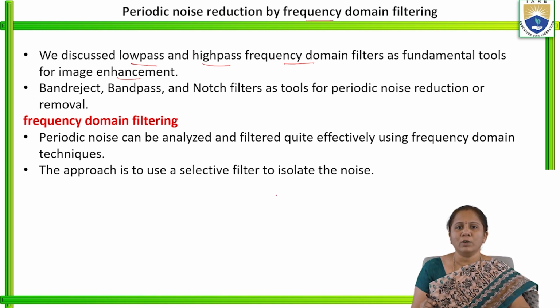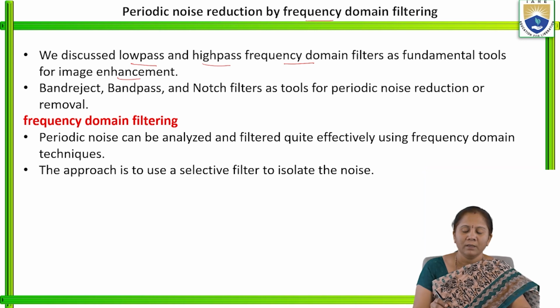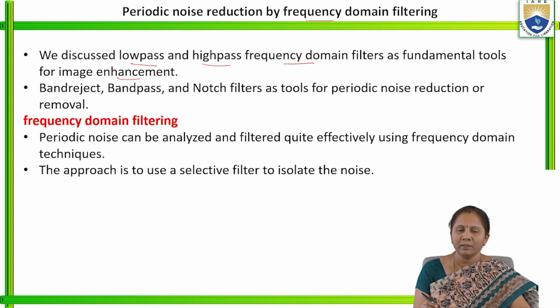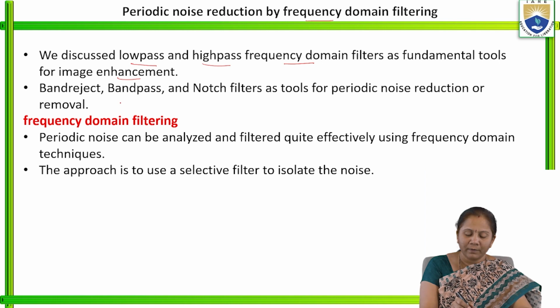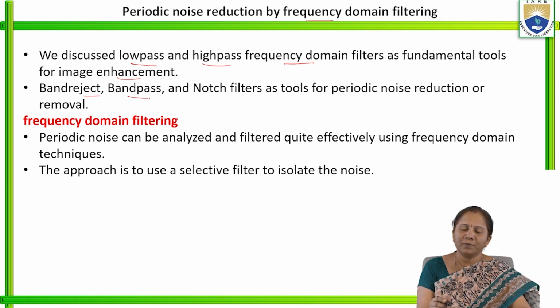Similarly, in this module, we are learning about image restoration, that is, improving degraded images. For that purpose, we are going to apply different types of filters in the frequency domain for image restoration. Here we can see the band reject filter, band pass filter, notch filters, and optimum notch filters.